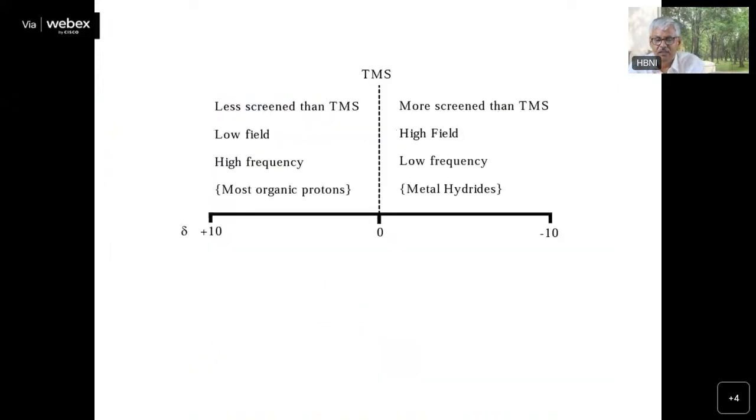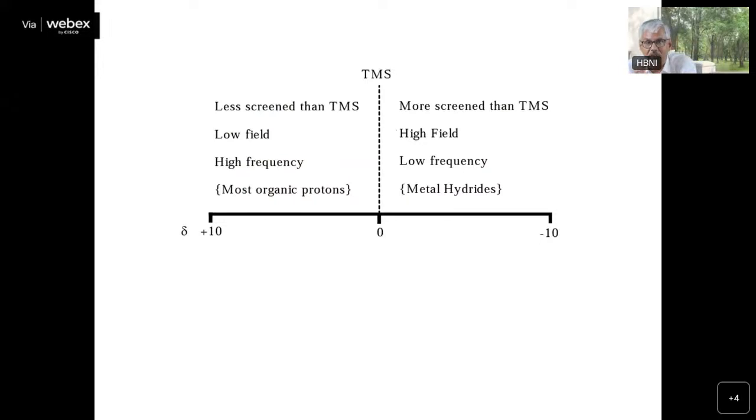Now you see this is generally how an NMR spectrum looks. TMS comes at 0, and all these which are less screened or less shielded come on the left side. We call them low field. They are at high frequency, and you will see these come from most of the organic compounds. If you go to the right side, they are more shielded or more screened than TMS.